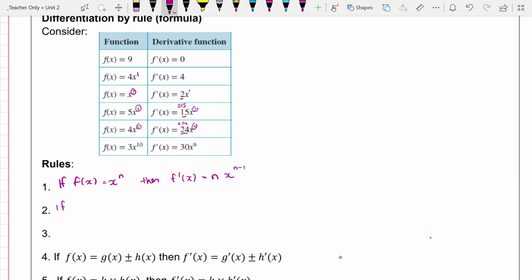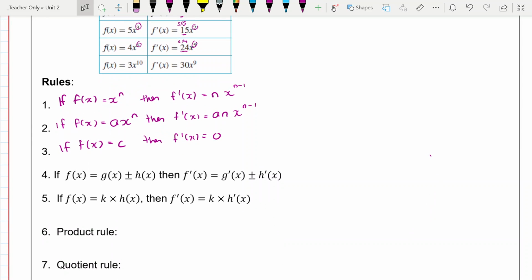And if our original function is a constant a times x to the power of n, then f dashed of x will just be a n x to the n take 1. And if our original function is just a constant number, then our derivative with respect to x is going to be 0.